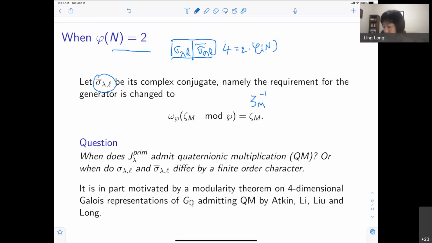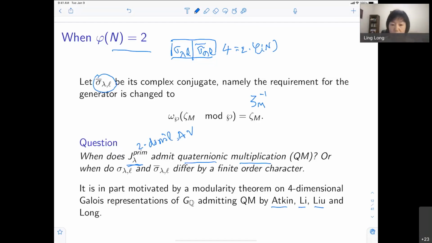And that is the motivation for the next question, which is when does this 4-dimensional representation, coming from this 2-dimensional abelian variety, admit quaternion multiplication? So this is referring to something in the background of the arithmetic triangle group. The other motivation for myself is that earlier I did a paper with Olive Atkin, Winnie Li, and Tong Liu.